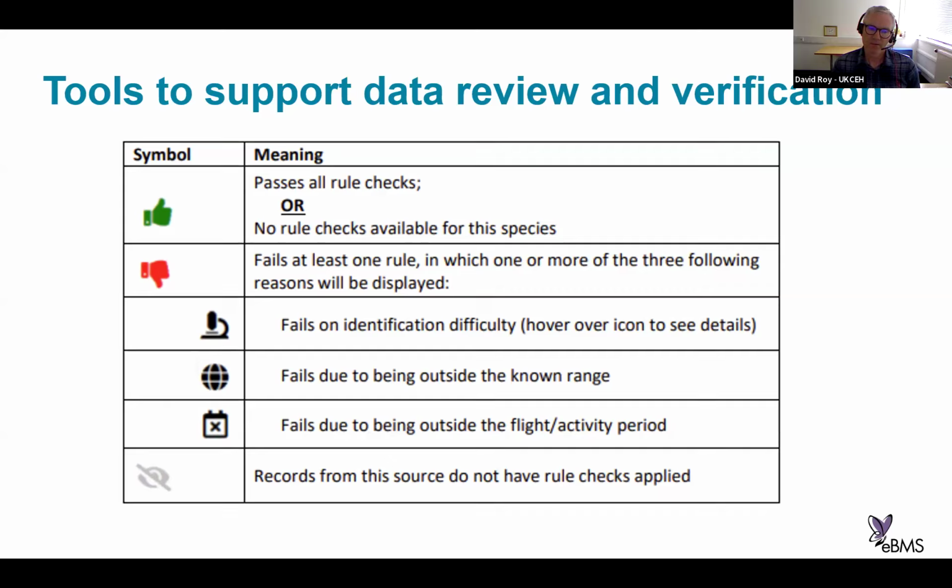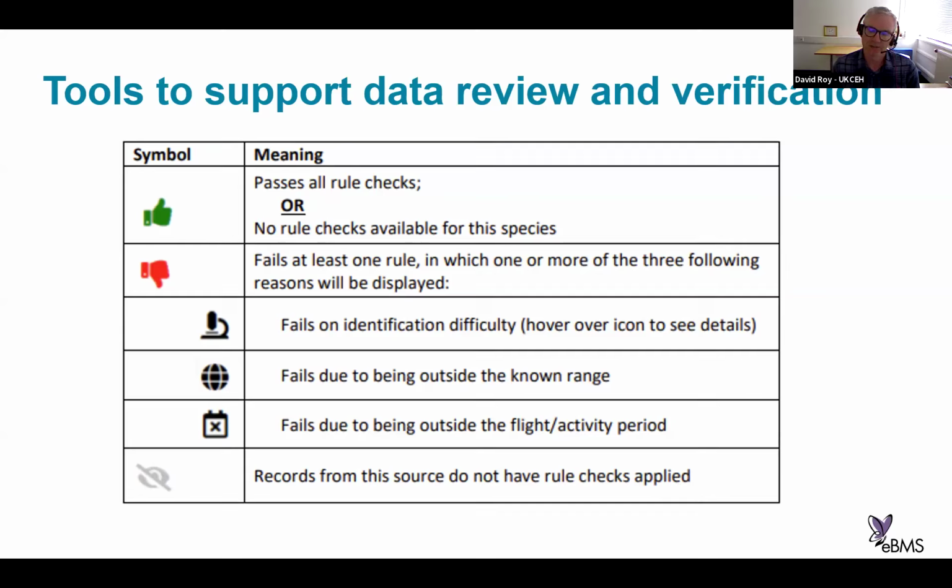Then the second main rule set, shown by this globe symbol icon here, is record checks that look at the known range of a species and would flag up anything that's been recorded outside of that known range. So that suggests that maybe this is a mistake, or it could be an expanding range situation, or it could be something occurring in a new location.